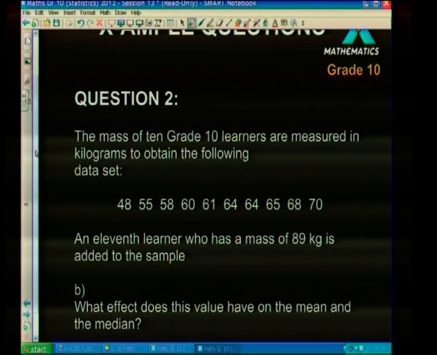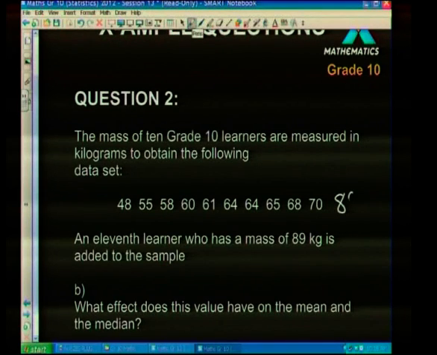Okay. Now, the most important thing that you guys have to realize is that this 89 kilograms is a lot more than all of the other masses. If I write it in here, you can see it's a full 19 kilograms heavier than the 70 kilograms.